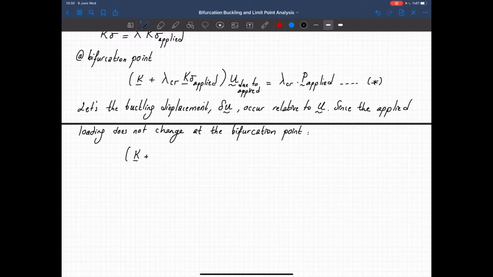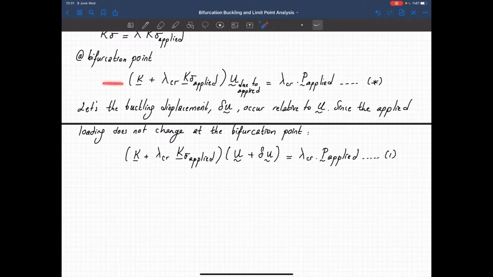K plus lambda critical times the geometric stiffness due to the applied force, multiplied by U plus delta U, should be equal to lambda critical times P applied. So this equation should also hold.